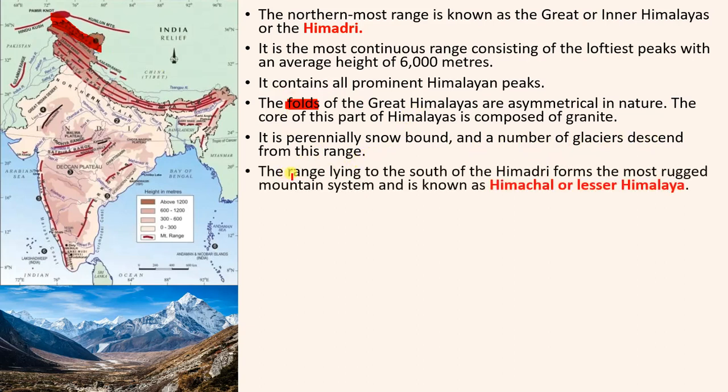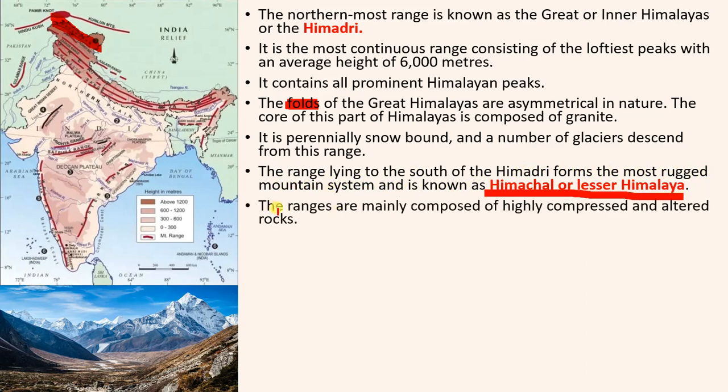The range lying to the south of Himadri forms the most rugged mountain system that is known as Himachal or Lesser Himalaya. The ranges are mainly composed of highly compressed and altered rocks. Whatever this middle Himalaya or Himachal is there, or you can say Lesser Himalaya also, these are mainly composed of highly compressed and altered rocks.